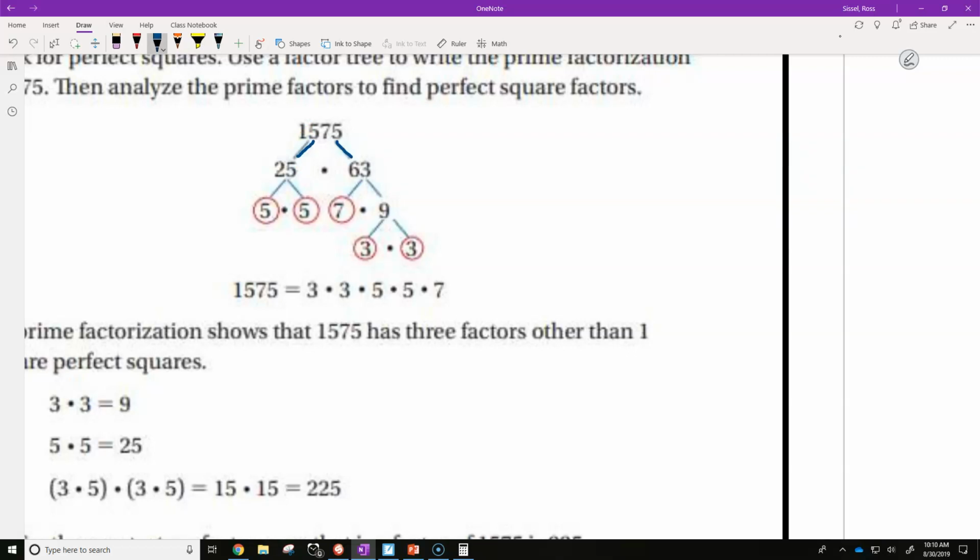They did 25 and 63. Ooh, 25 is a prime. Or not prime, a perfect square. They did 25 breaks into 5 times 5. Those are prime. 63 becomes 7, which is prime, and 9. 9 becomes 3 times 3. And they get to this.